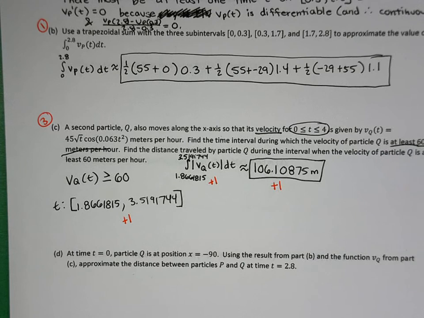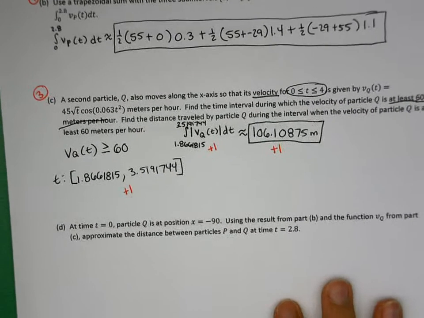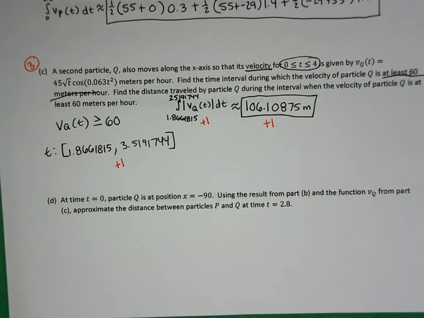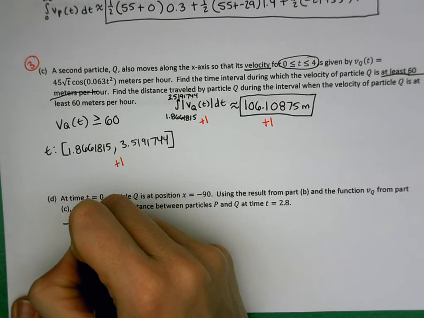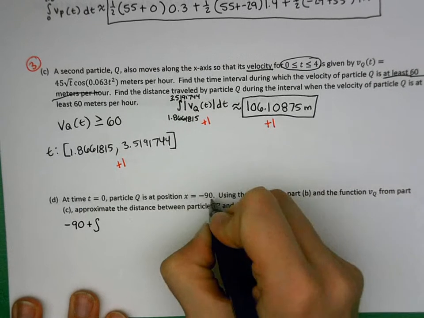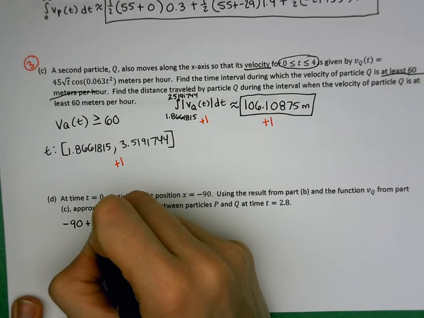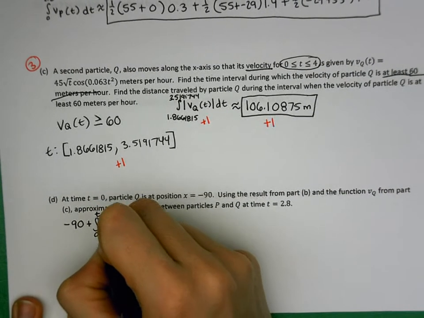Okay, part D says at time t equals 0, the particle is at position x equals -90. So I've got another little desired position set up here, -90 plus, so that's my given position, given time is 0, desired time is going to be t, v sub q.